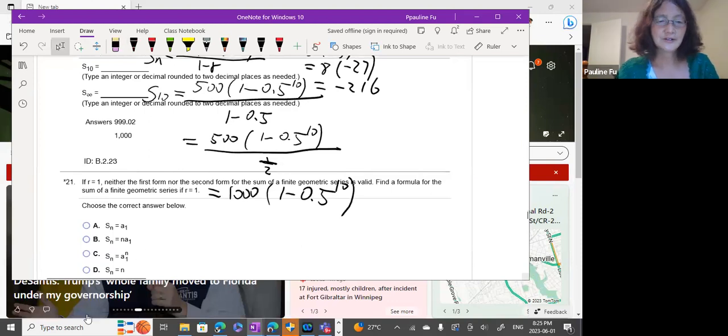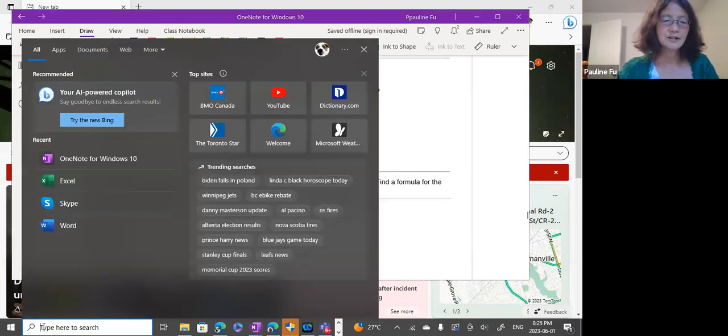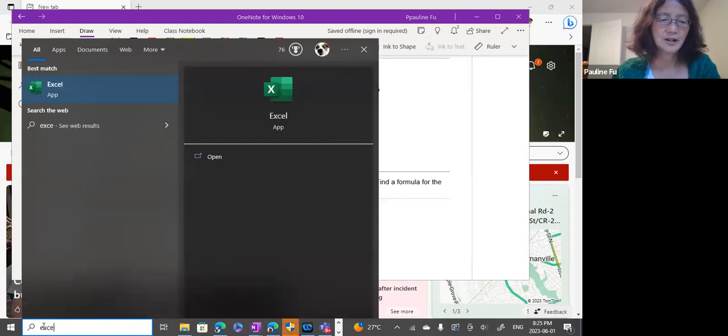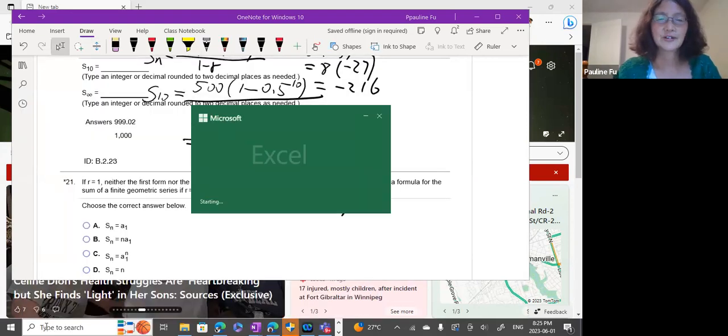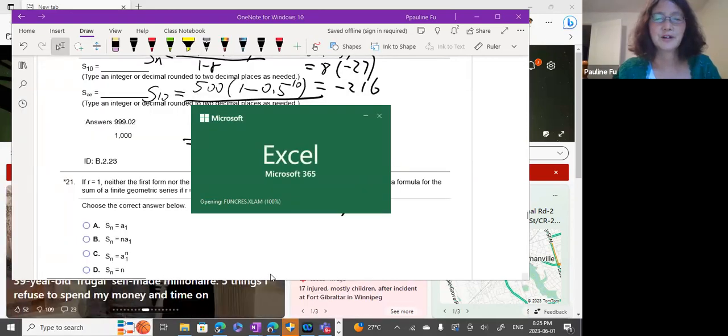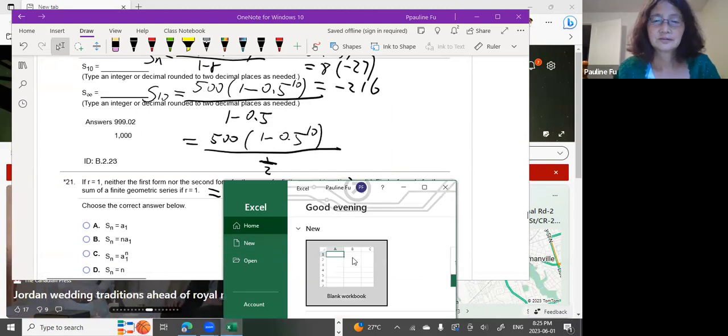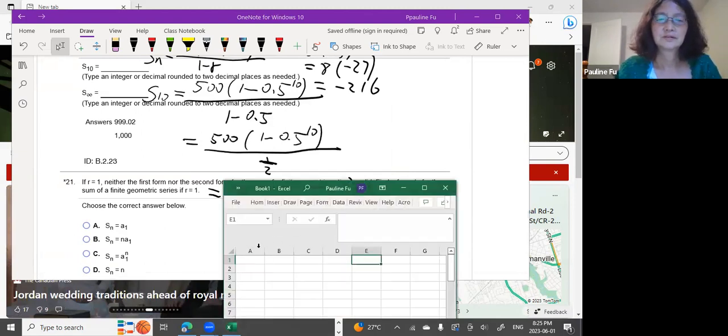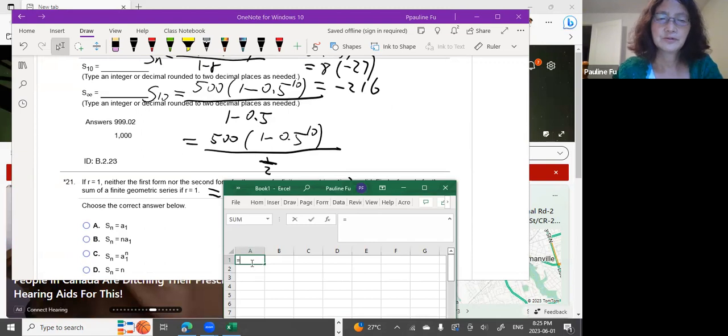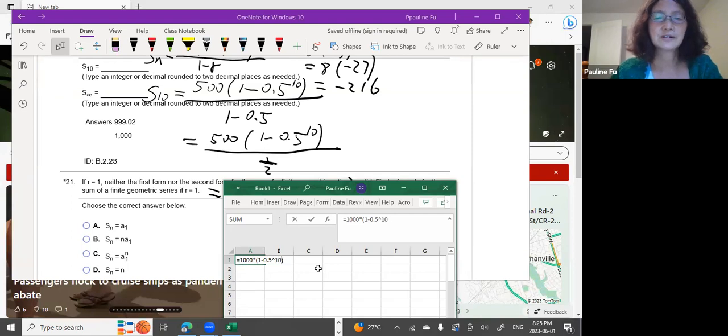You can use your calculator to do that. I will use Excel. So I'm going to do 1000 times bracket 1 minus 0.5 raised to power 10.